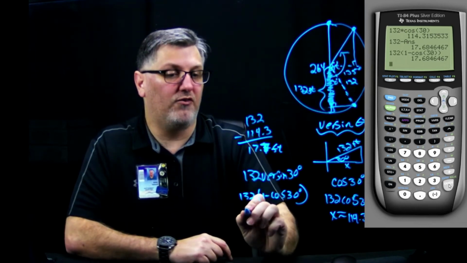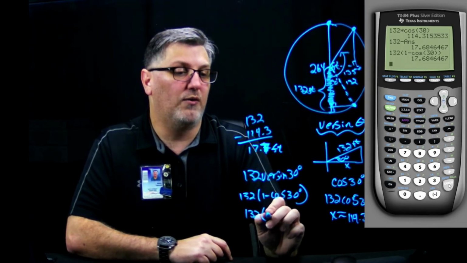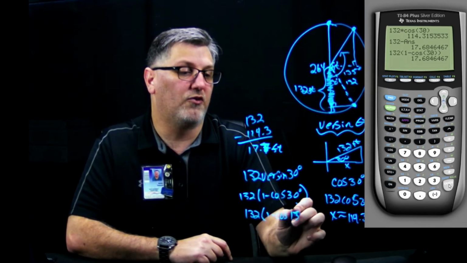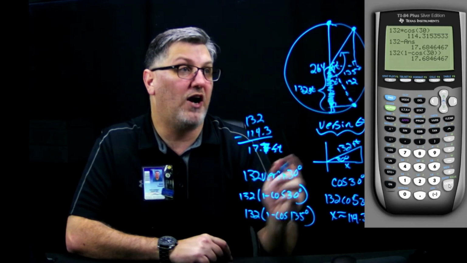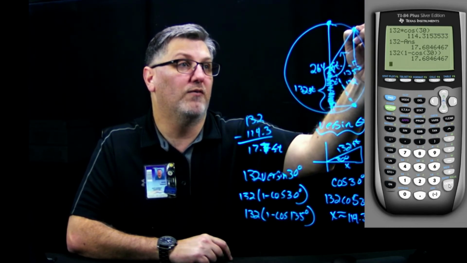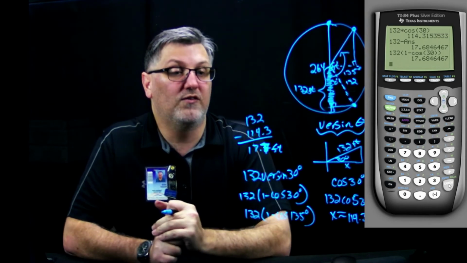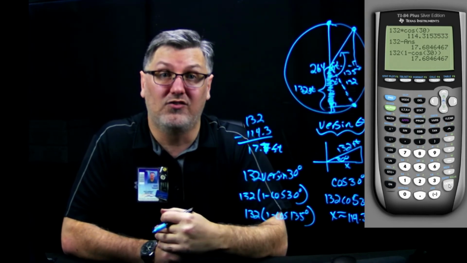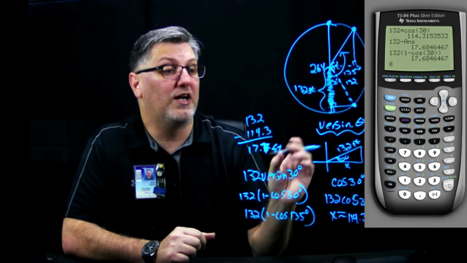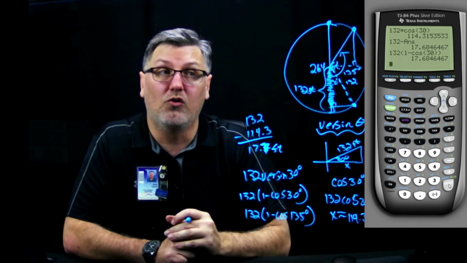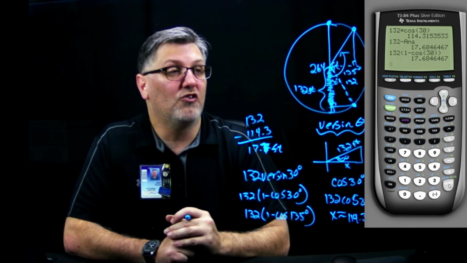All I would have to do is 132 times 1 minus cosine of 135 degrees, and I would have the height of this point right here. It's all taken care of for you. So versine trivializes this type of problem instead of having to break it down into individual components how it's normally done. So not terribly bad.